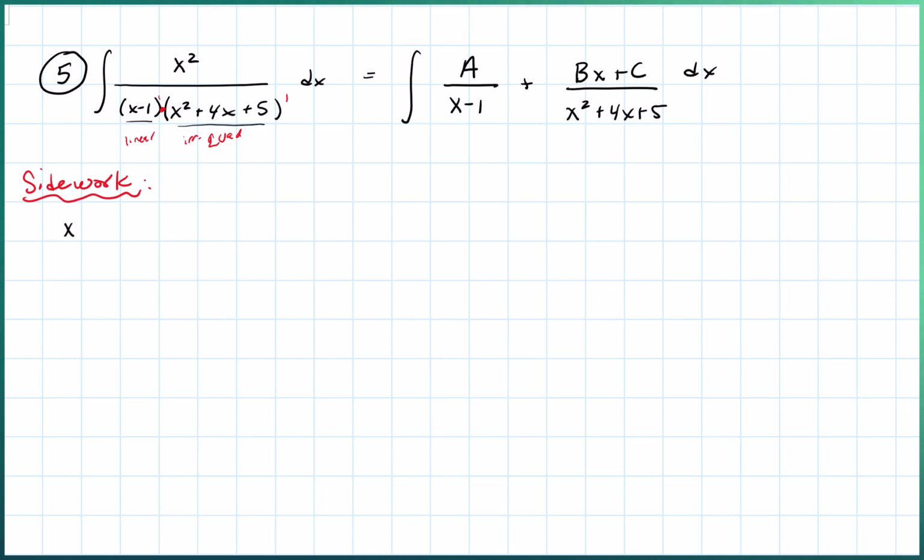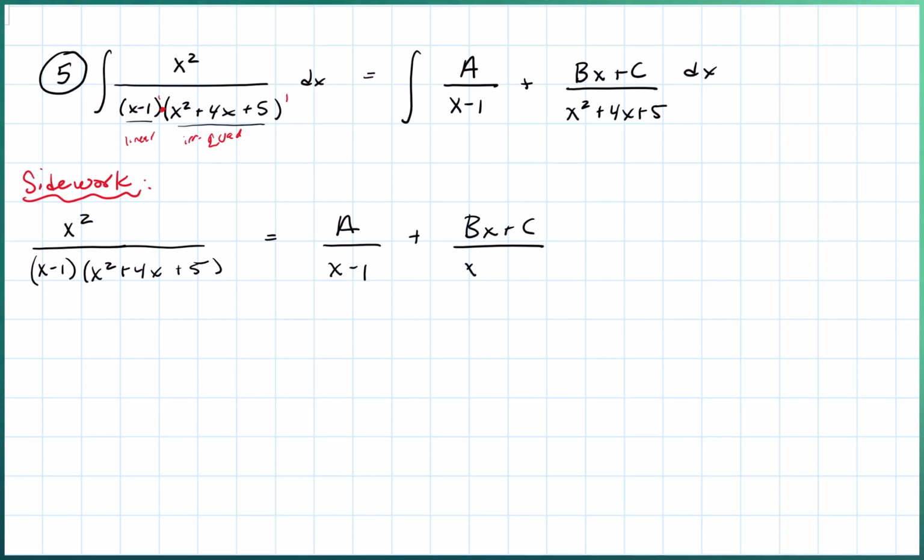We're going to take x squared over x minus 1 times x squared plus 4x plus 5, and set that equal to A over x minus 1 plus Bx plus C over x squared plus 4x plus 5. We're going to multiply both sides by that denominator. And I'm going to speed up the video through here.